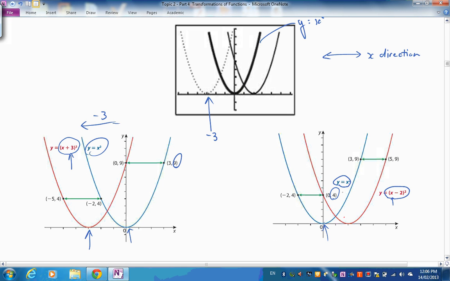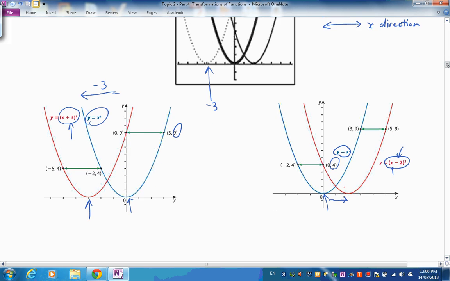It was 0, 0, and the value now becomes 4. So the graph is actually moving to the right, which is the opposite sign to that in the formula for the function. So have you got the idea there? In a minute, I'm going to ask you to see if you can see why that works, and we'll study it in a bit more detail mathematically.